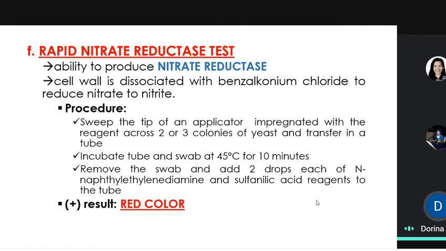Then you remove the swab and add 2 drops each of your naphthylethylenediamine and sulfanilic acid reagents to the tube. And kung nag-produce yung fungi natin ng nitrate reductase, then you should be able to see a red color. After, of course, the addition of your reagents.